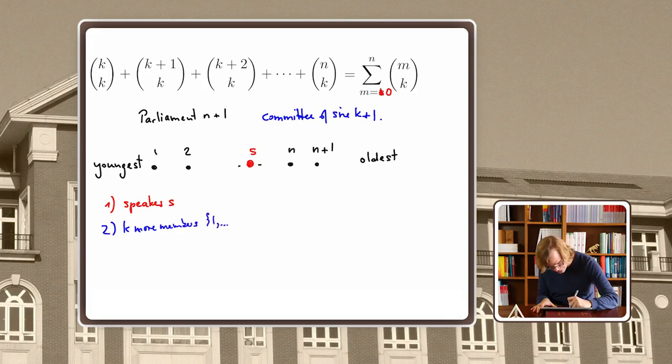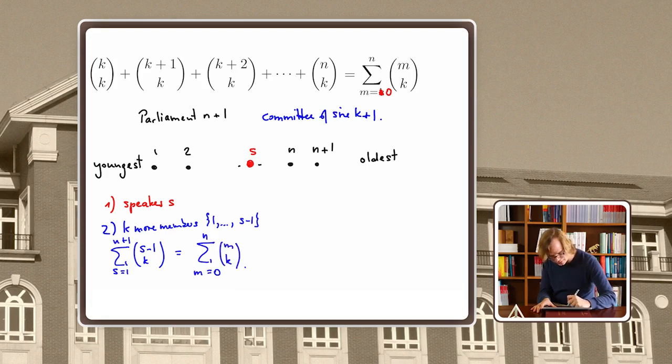Well, they must be younger than the speaker, because our rule is the speaker is the oldest member of the committee. So here we have S minus 1 choose k choices. So in total, we sum over all possibilities for the speaker, which is the sum from S to n plus 1. And now by a change of variable, this is simply summing up m from 0 to n, m choose k. So this is our combinatorial interpretation of the sum.